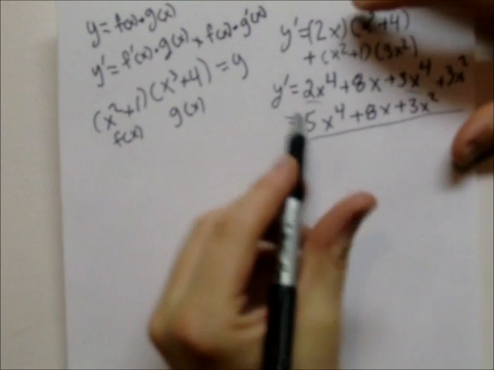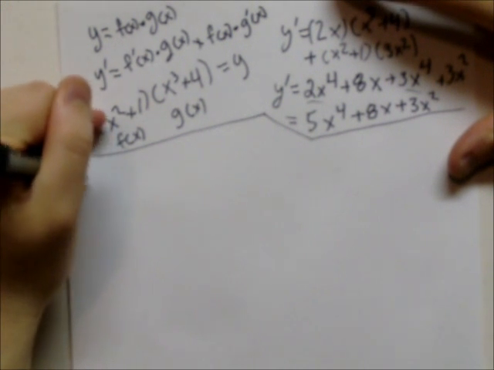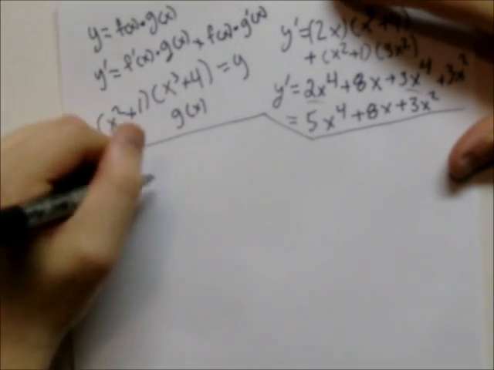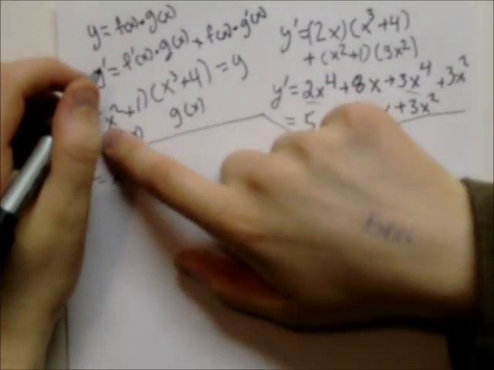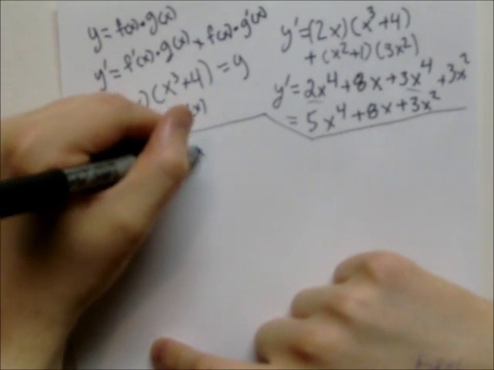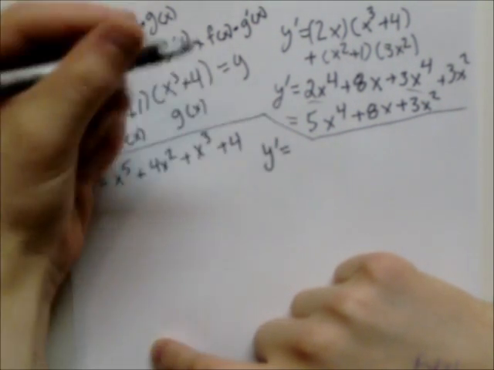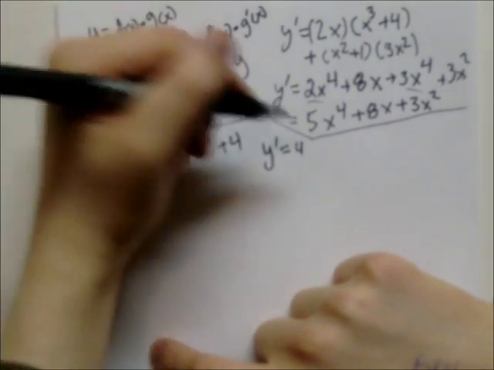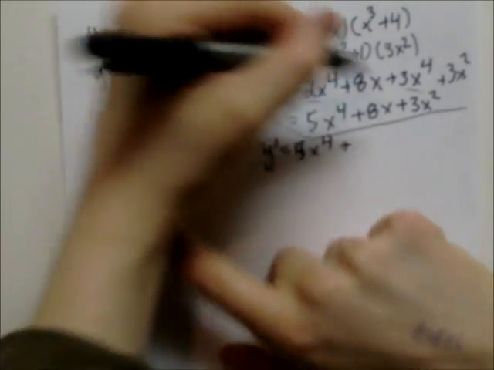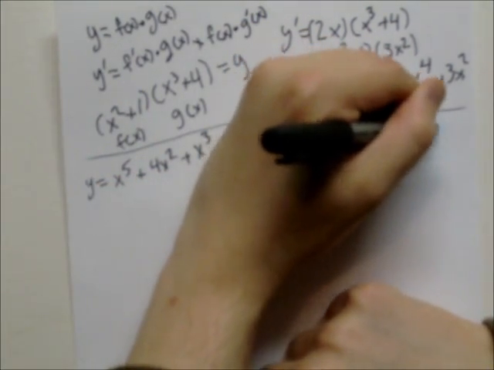If you were to do it by simpler calculus, what would happen is you would get this. y equals, okay, we'll go x to the fifth plus 4x squared plus x cubed plus 4, and y prime equals 5x to the fourth plus 8x plus 3x squared plus 0.